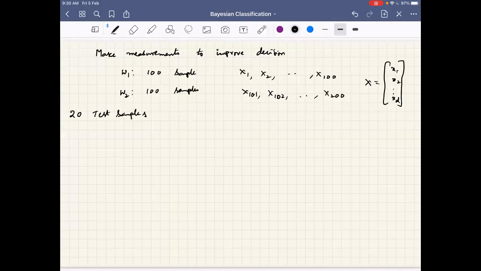Here, I want to get assimilated information from class 1, and also assimilated information from class 2, and use that for making a decision rule and decision boundary, and find the associated probabilities of error. That is the task at hand.